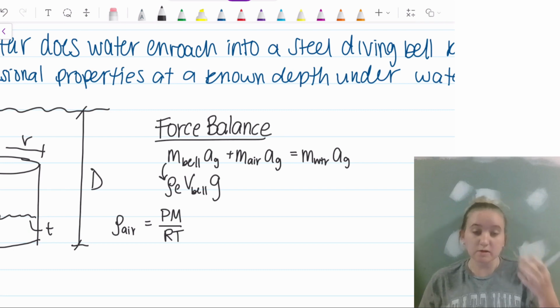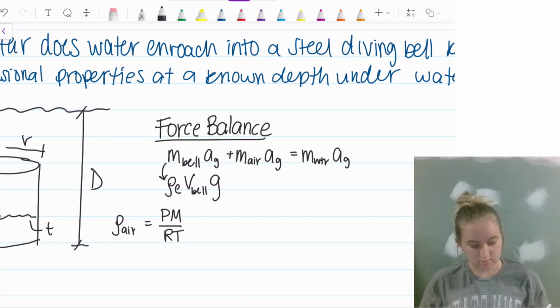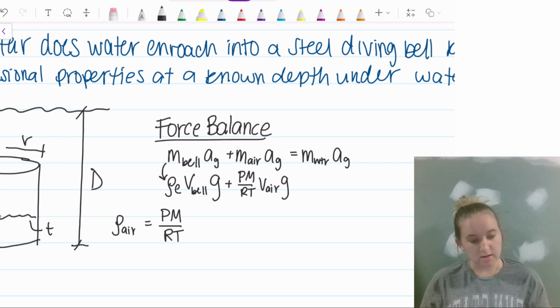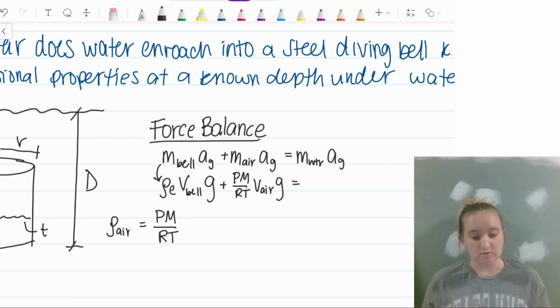So we'll plug this in for now for the density, so the mass of air would be PM over RT times the volume of air times G. That's because our density times volume is our mass. And then we have our mass of water, which is going to be displaced. It would be very similar: density of water times volume of water times gravity.